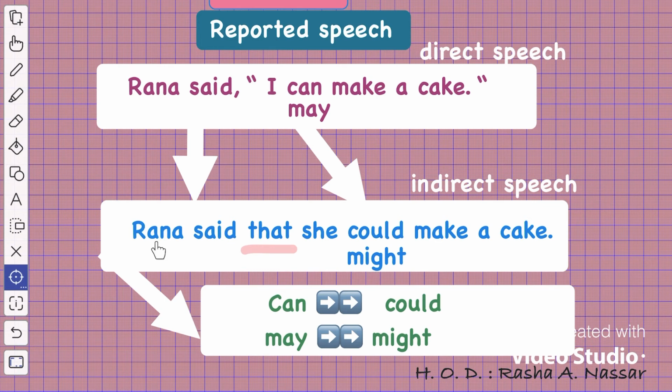So I will say Rana said that she might make a cake. So if you see can and you want to change the sentence into indirect speech, you will change can into could. And if you see may, you will change may into might. So can changes into could and may changes into might.